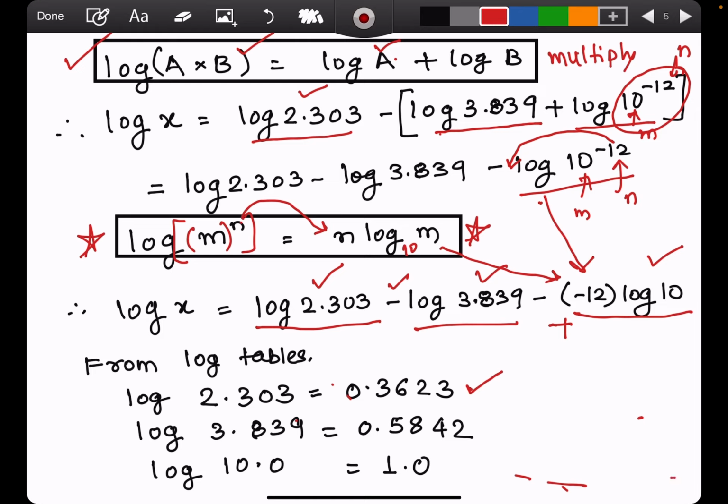Log of 3.3839 comes as 0.5842, and log of 10 comes as 1. So this becomes 0.3623 minus 0.5842 plus 12. 12 by 12 into 1 is 12.